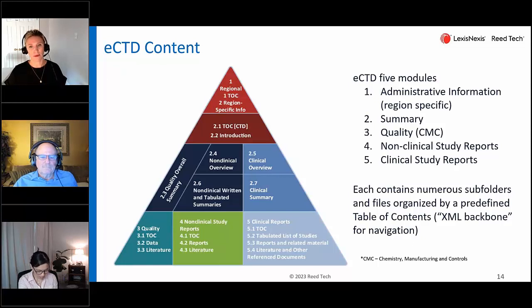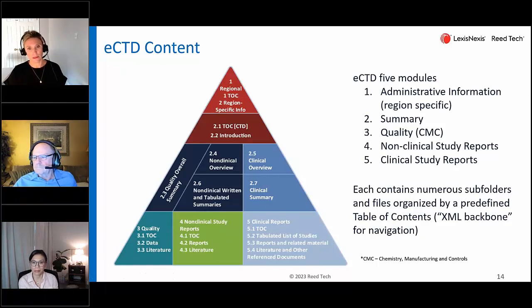So starting at the top, you have your administrative information, your cover letters, your forms, things like that. This is considered your regional information, and it's exactly as it sounds. It's the information that's very specific to the region in which you're submitting, and this is a module that cannot be replicated or cloned in its entirety, at least, because it's very specific.